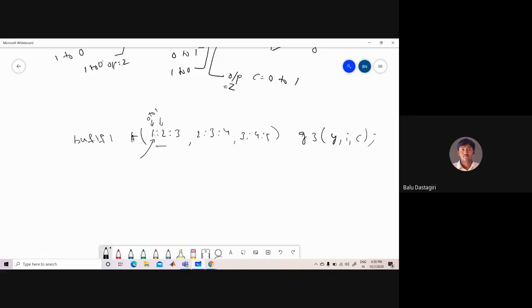The conditional input goes from 1 to 0 in case of bufif1. The initial one denotes the minimum delay. So whenever you change the inputs rigorously, the minimum delay associated with bufif1 when the output is changing from 0 to 1 is 1 time unit.